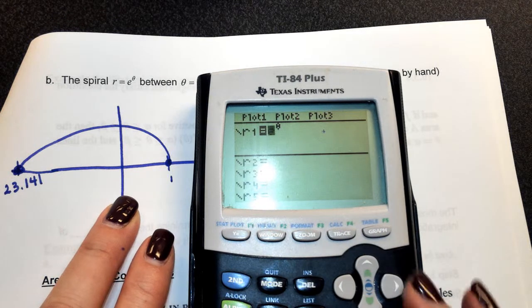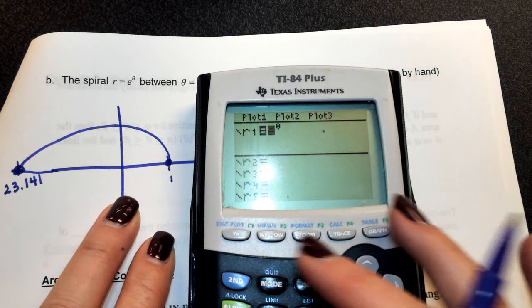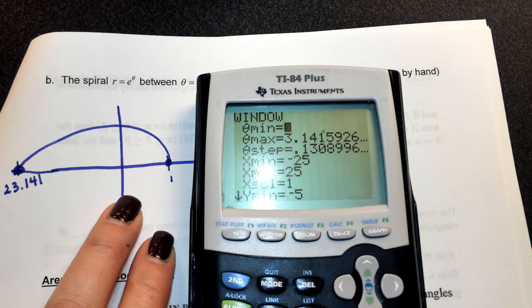So when I type in r equals e to the theta, remember, go to your window and change your bounds from 0 to pi.